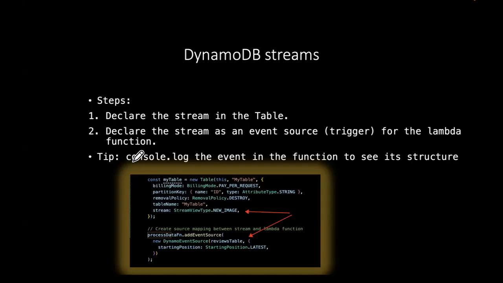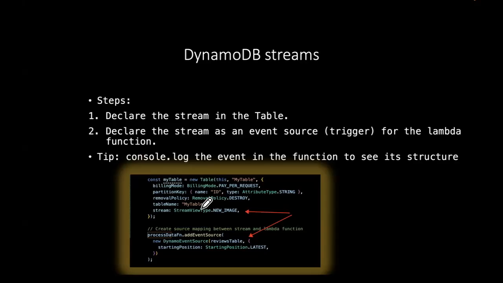So in terms of step one, all we really need to do in our table definition is set this property here, the stream property. What we've got to tell DynamoDB is how much information should be put into each stream entry.